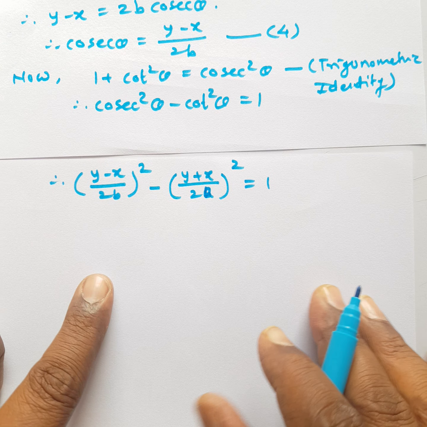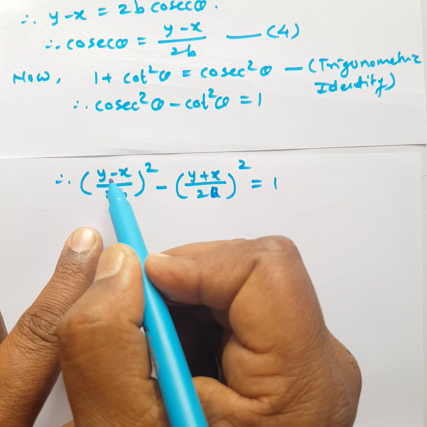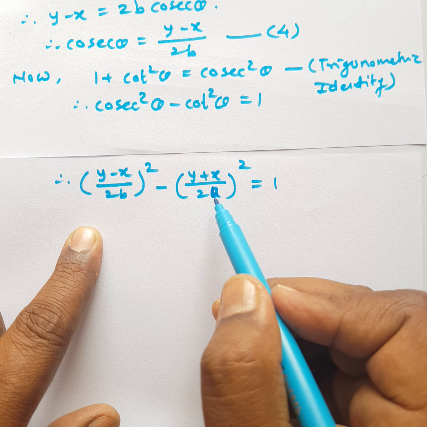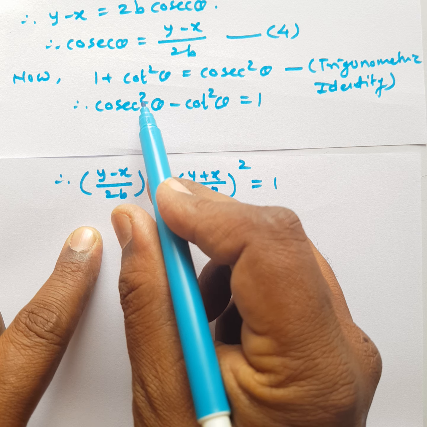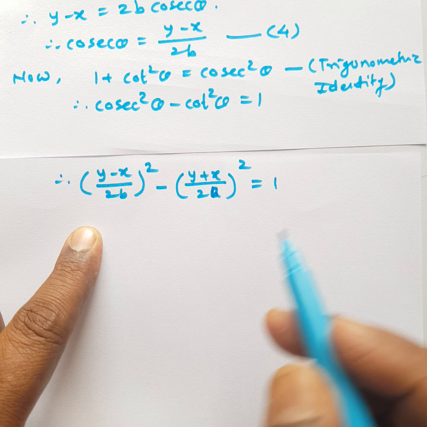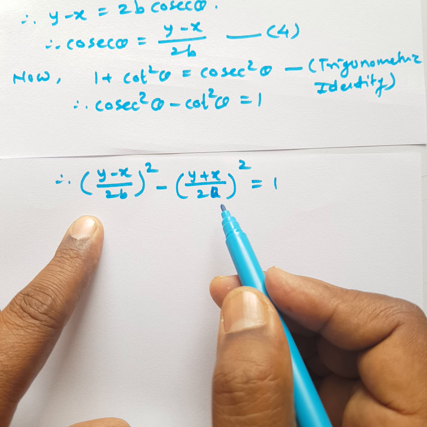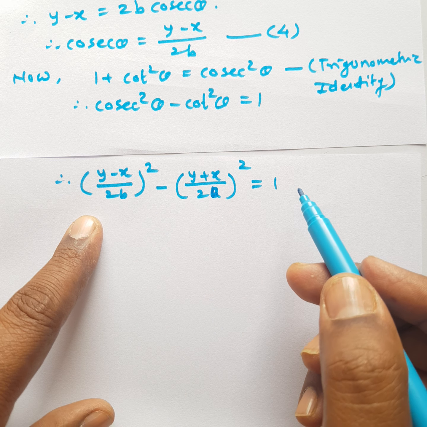See here, the value of cosec theta is y minus x upon 2b, the value of cot theta is y plus x upon 2a, and there is a difference between the squares of two terms, is equal to 1.